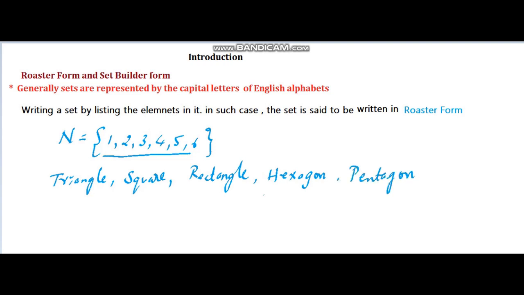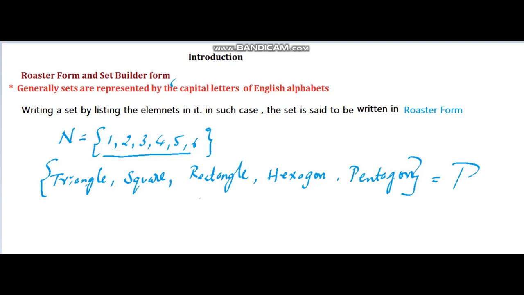What are these? These are all related to polygons, right? So they all belong to the set of polygons, and I represent it with capital P. Triangle, square, rectangle, hexagon, they are all following one common property, yes or no?